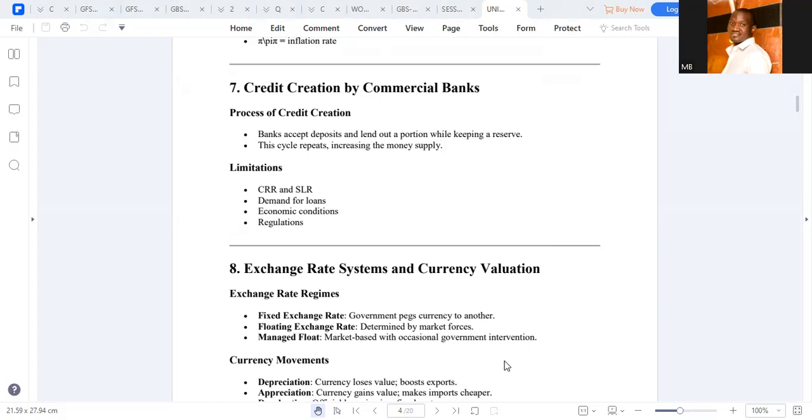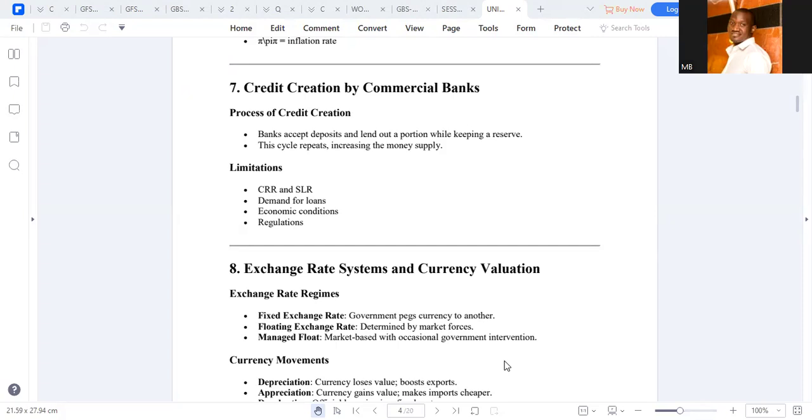A floating exchange rate is determined by the invisible hand of demand and supply without government intervention. The managed float is a system where the currency generally floats in the market, but the central bank will occasionally intervene to stabilize the exchange rate, which happened recently in Zambia.